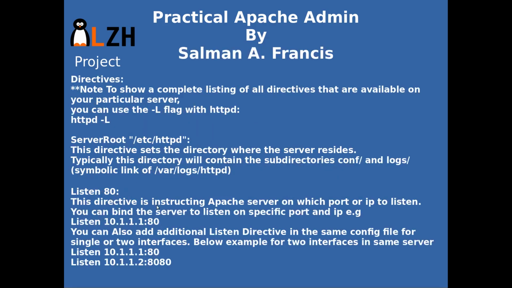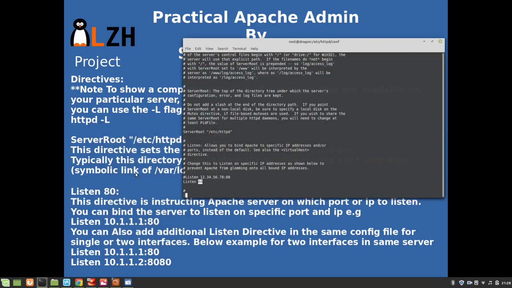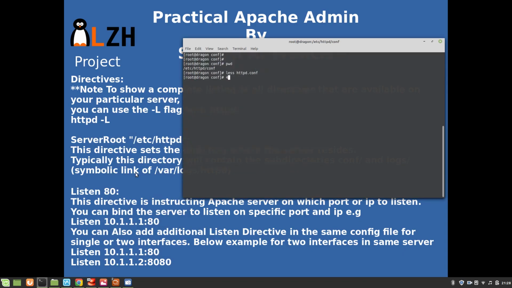This directive is instructing the Apache server on which port or IP to listen, and also we can bind the IP with this port as well. And to list the directives, we use the capital L flag. So let's try to run this command: httpd -L | grep Listen.